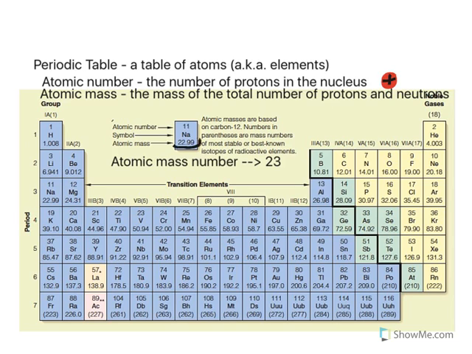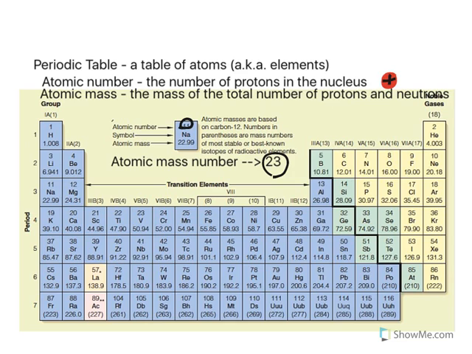So instead of seeing the atomic mass, sometimes we see the atomic mass number. The atomic mass number is a round up of the number that you see in the atomic mass. Since we see 22.99, we round it up to 23. So the atomic mass number is 23, which is the total number of particles in the nucleus, protons and neutrons.